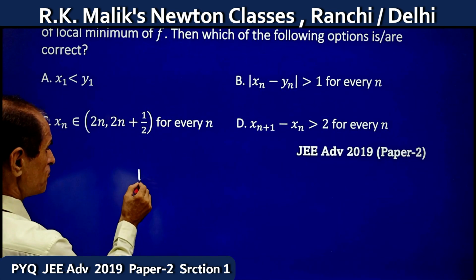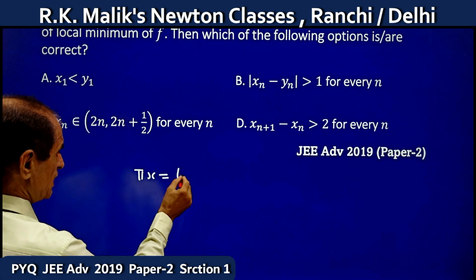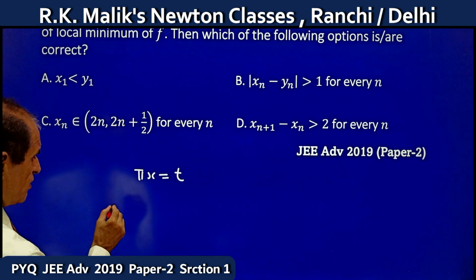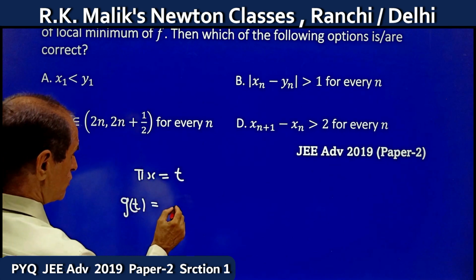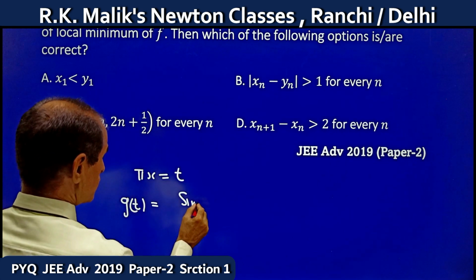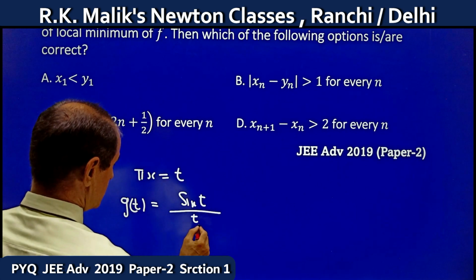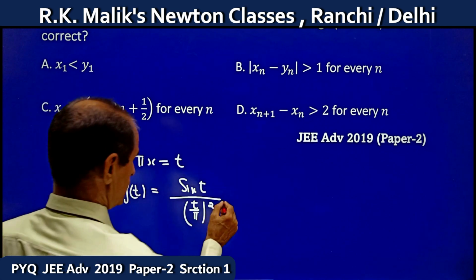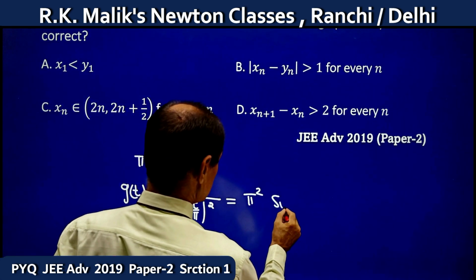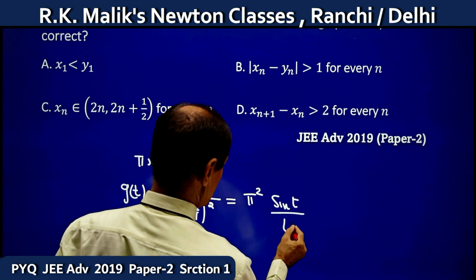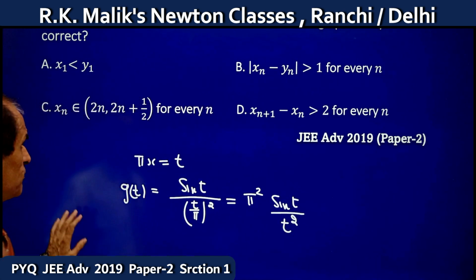I suppose pi x equal to t, and make the function g(t) equal to sin t upon (t by pi) whole square, that is equal to pi square sin t upon t square.